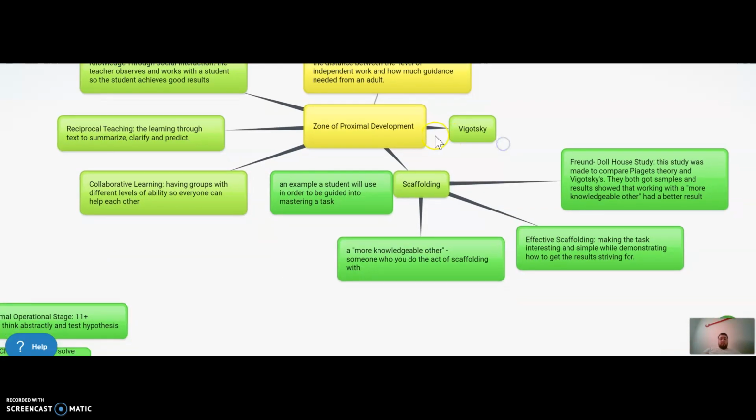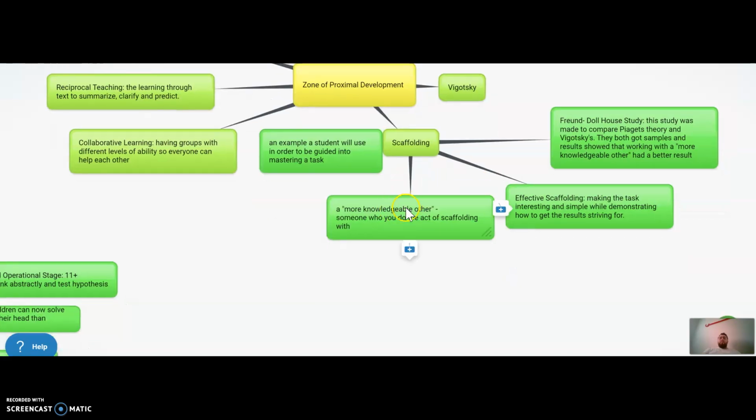So now we move into scaffolding, which is an approach used in order to guide a student into mastering a task. It could be a teacher, a parent, or someone who will guide them to solve a task because they are a more knowledgeable other.